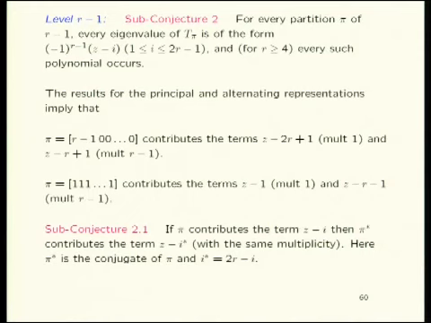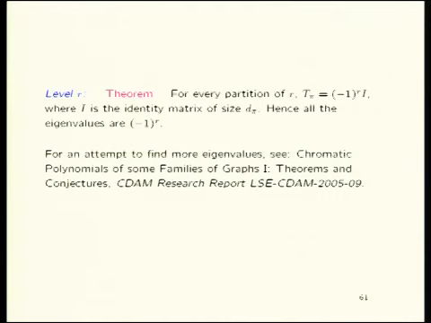Again, I have no idea why that should be true, and I should very much like to know why. The bottom level, where we have partitions of r, is actually easy because everything collapses to a 1 by 1 matrix, which is either 1 or -1, as we saw in the example. We know what all the eigenvalues are.